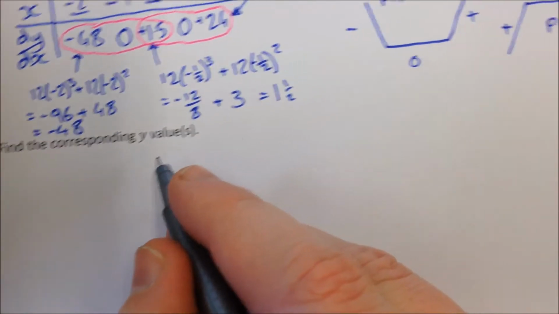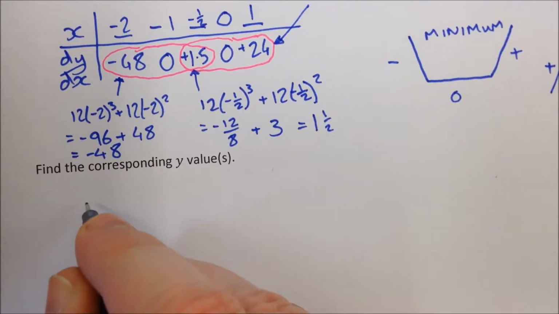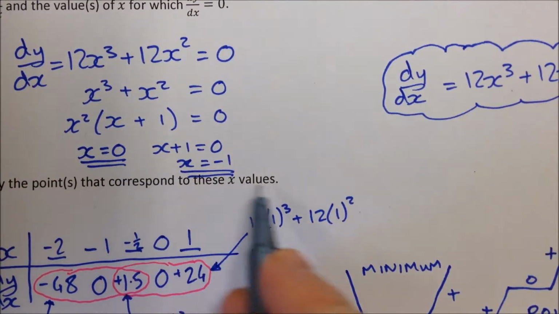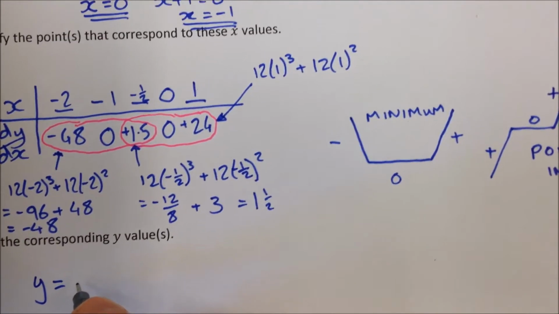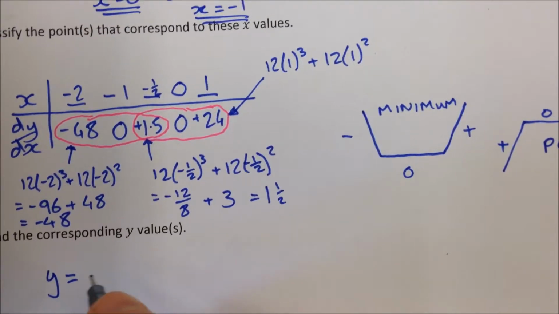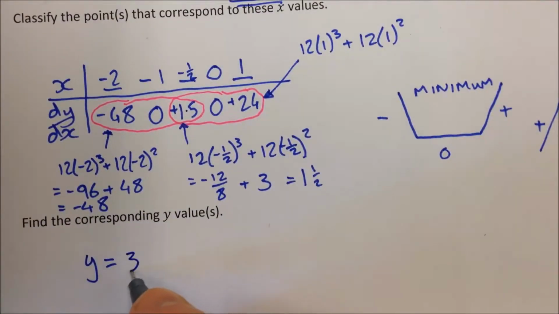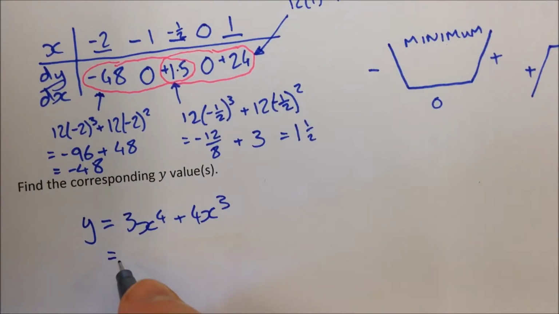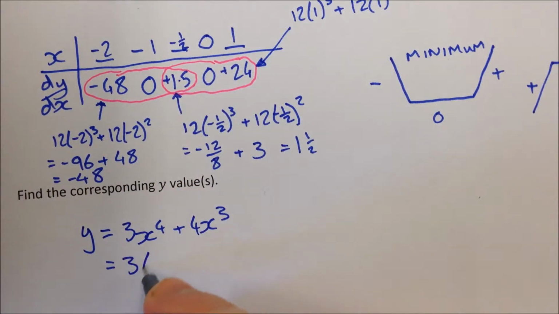Okay, find the corresponding y values then. So y equals, right, we've got 2 values of x here, 0 and negative 1. So we plug these into a formula involving y, which is this here, y equals 3x to the 4 plus 4x to the 3. So that is negative 1 or 0, I'll pick negative 1 first.